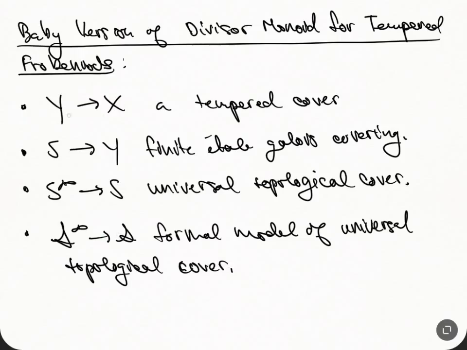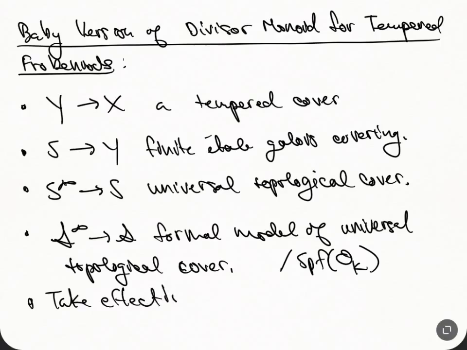This was all done over a local field, so these are going to be over Spf of O_K, where K is the local field, and then they're going to be the completion with respect to the maximal ideal there. Okay, so we take the formal models, and then we take the effective divisors on this. And then finally we take Galois invariance.